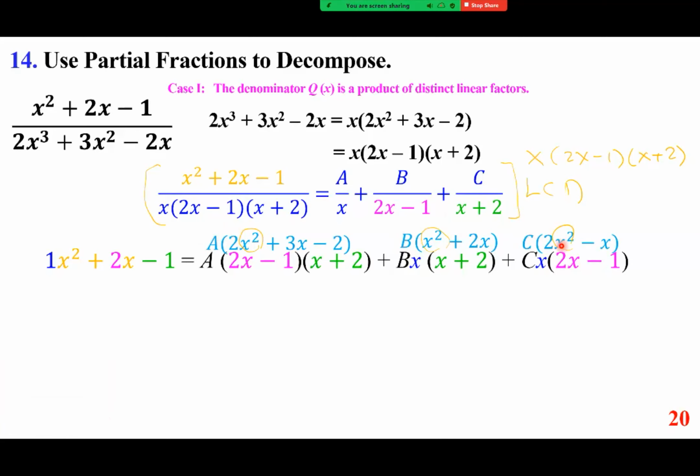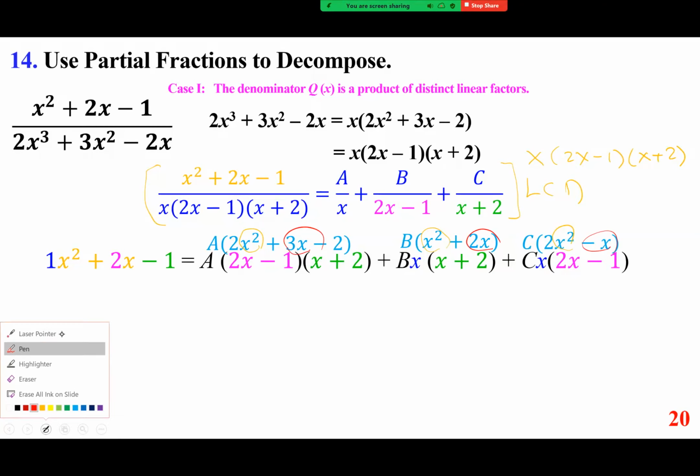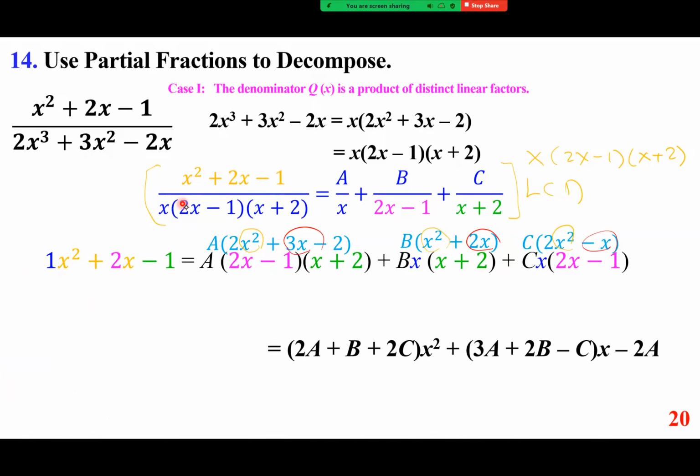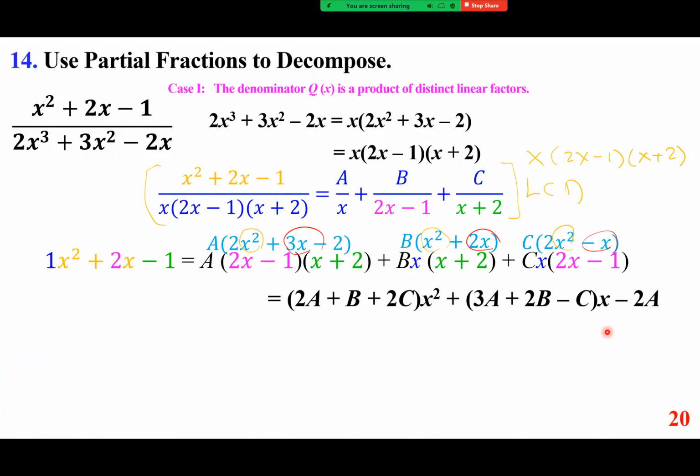You do the same thing for x, and the constant. There's only one constant, which results in minus 2a. So we write the left side, and notice I put x squared as 1x squared, then 2x and then minus 1. So you write them in this fashion: 2a plus b plus 2c times x squared plus 3a plus 2b minus c times x minus 2a.